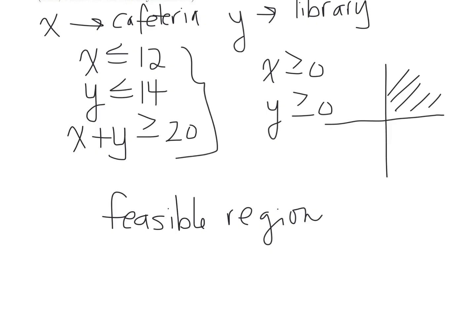Where would these conditions be met? Where the student works no more than 12 hours in the cafeteria and no more than 14 hours in the library, but must work at least, if not more, than 20 hours at both jobs. So let's have a look at how we're going to define that. In the next slide, I'm going to show you a graph and we'll plot the information that we need.